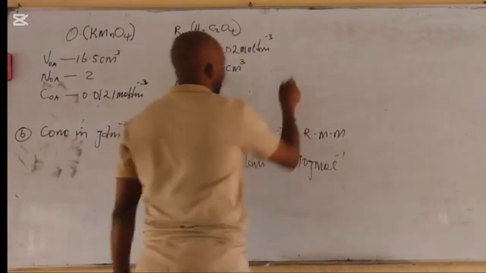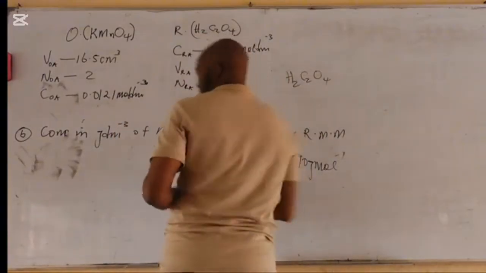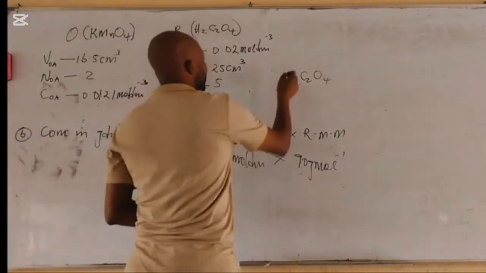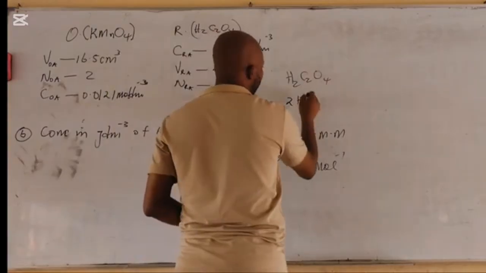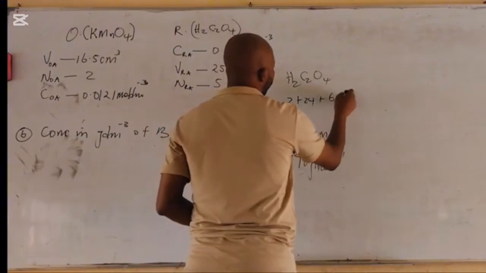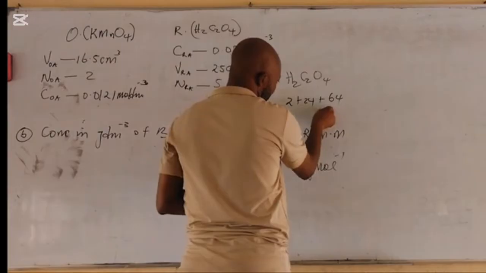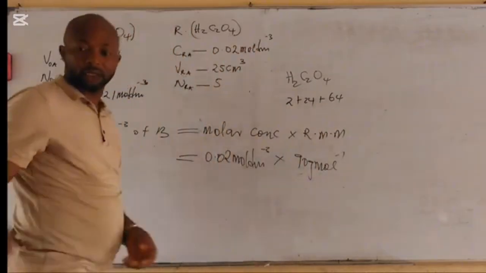Now, how do we do that? H2C2O4. Now, this is 2 plus carbon is 12, that's 24. Oxygen is 16, that is 64. 88. 90. So, that is it.